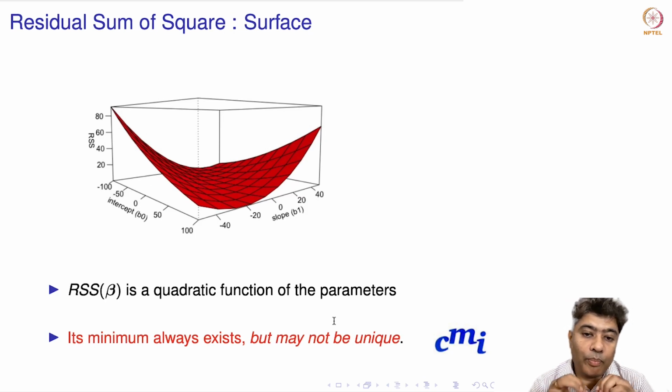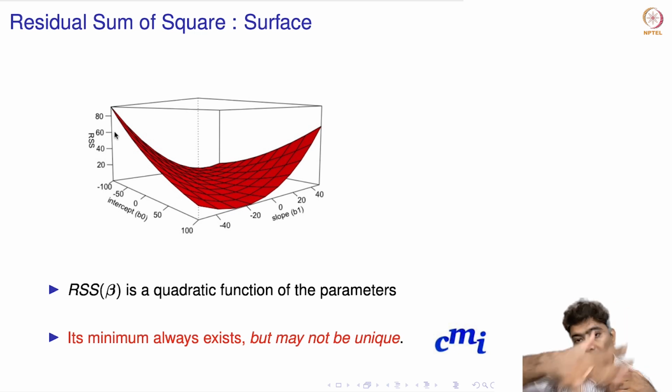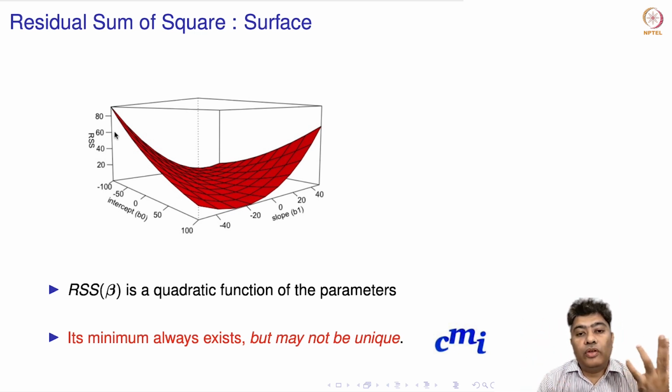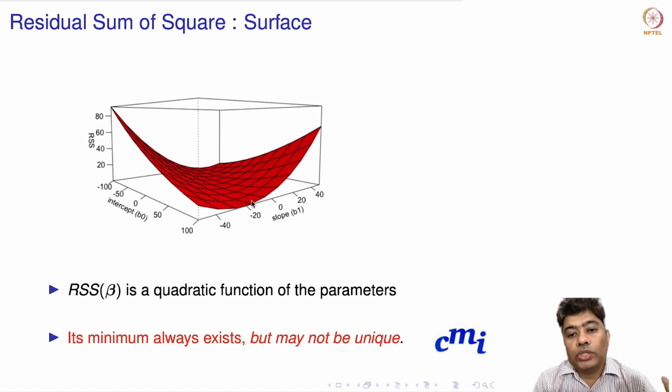Now, if I plot this residual sum of squares against different choices of beta naught and beta 1, we get a valley, a kind of valley like this. And of course, we would like to choose a beta naught and beta 1 somewhere in the valley which will give me the minimum sum of squares of error.